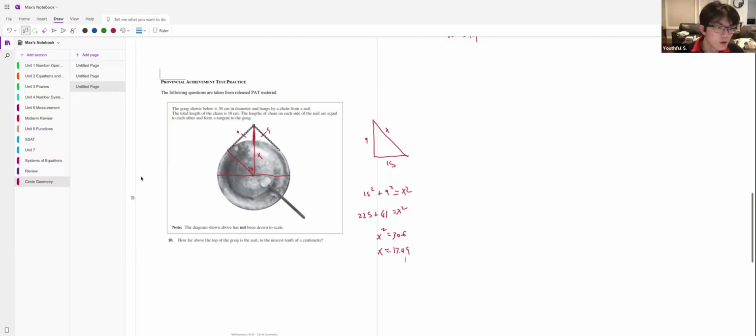Okay. So now we have this total distance, and we need to solve for this length, right? So we can just subtract the radius from this. 17.49 subtract the radius, which is 15, gives us 2.49. So the distance is 2.49 centimeters, to the nearest tenth of a centimeter, 2.5 centimeters.